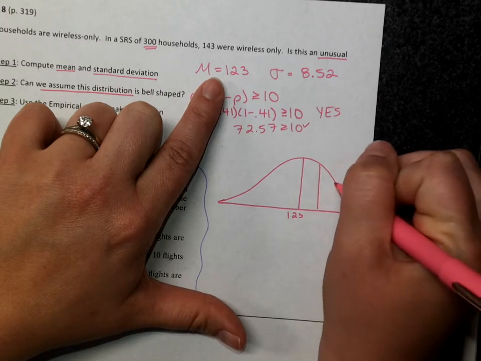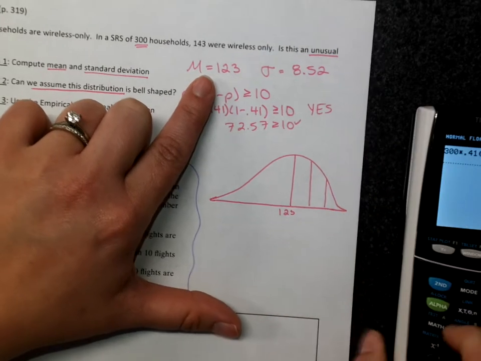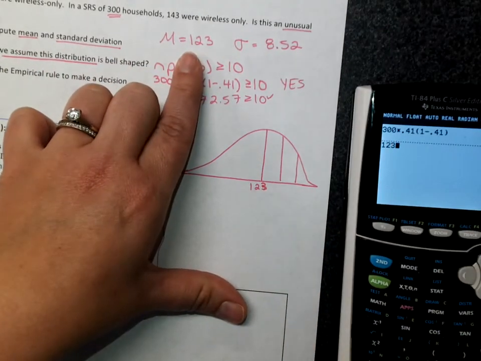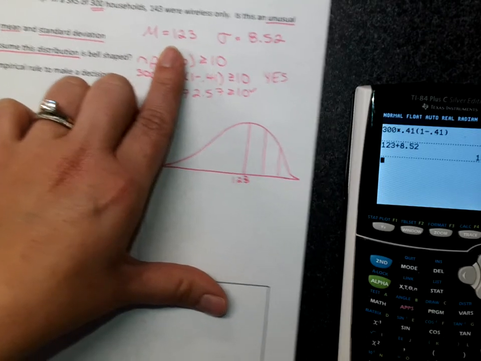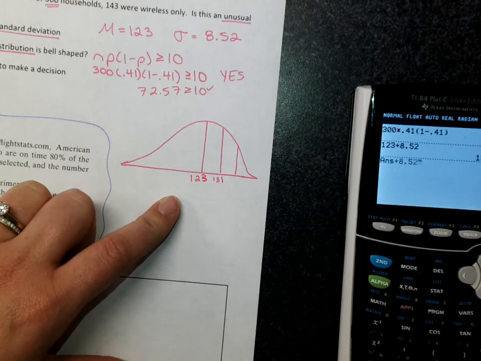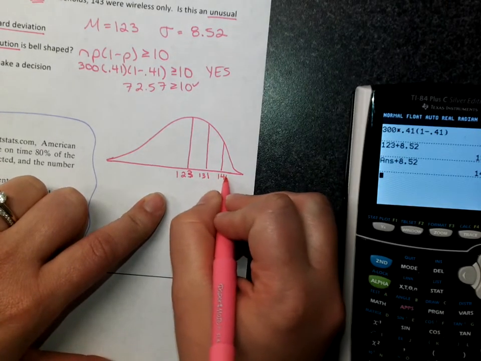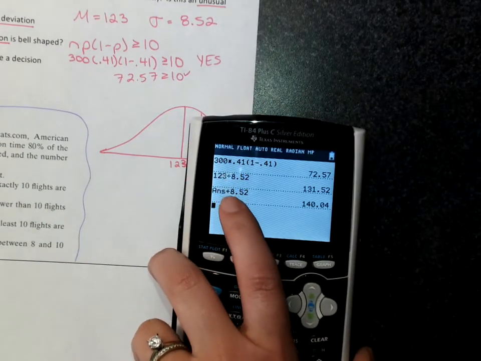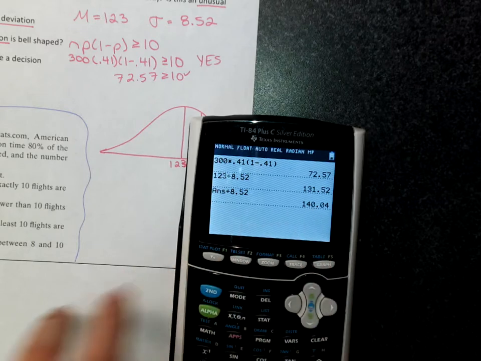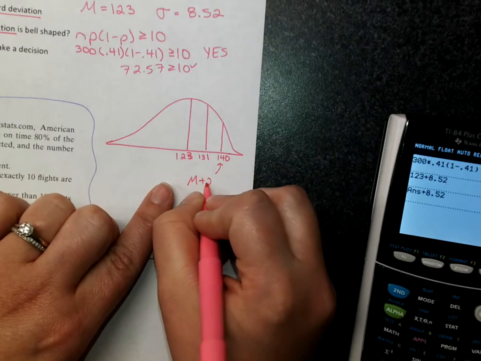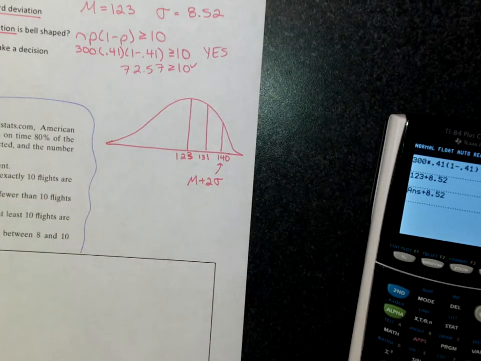The standard deviation was 8.52, so I'm going to do 123 plus 8.52, that's 1 standard deviation, about 131, and I'm going to add it again, which is about 140. Just rounding there. So I add the standard deviation once and then again to get to 140.04. That is the mean plus 2 standard deviations. You can do that with or without the picture. I just like the picture. I think it helps.